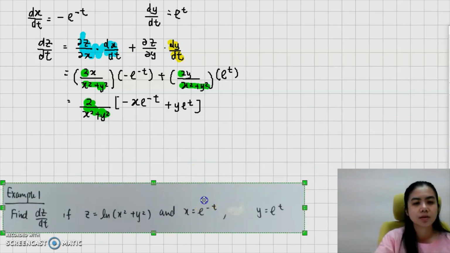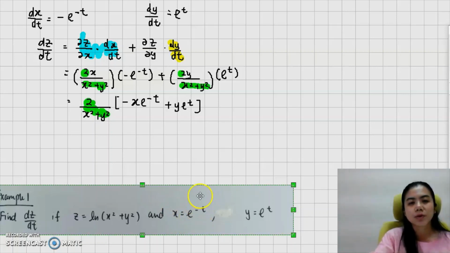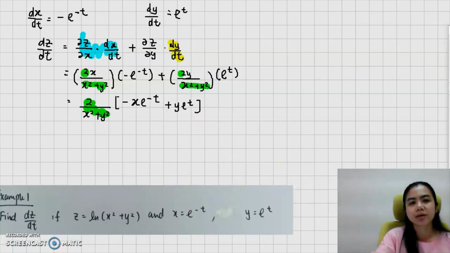We need this information in order to have only t in the final answer.